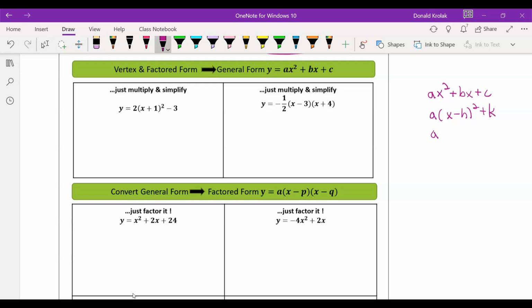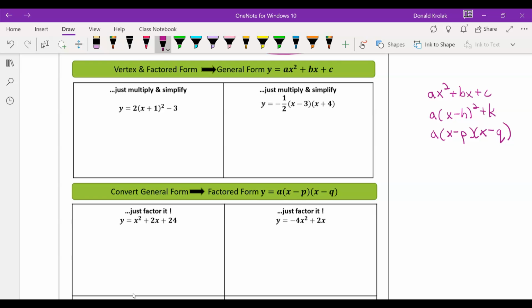And it can be written in intercept or factored form. And each one of these forms gives us different information about a quadratic. And you can change from one to the other.